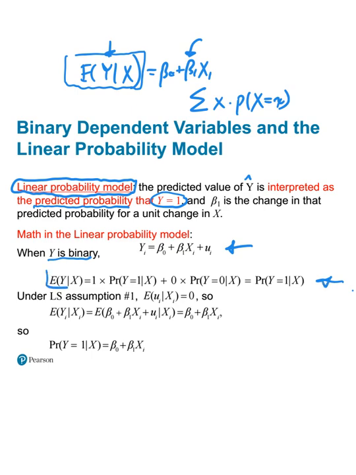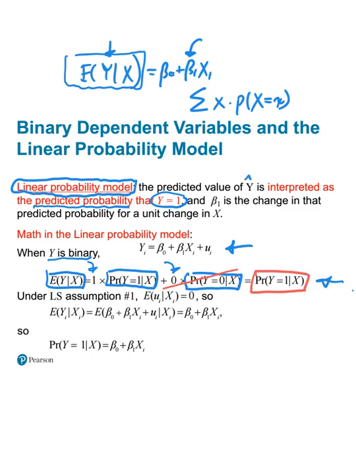The expected value of y given x is, well, sometimes y is 1, and we multiply by the probability that y is equal to 1 given our independent variables. And sometimes our dependent variable is 0, and we multiply that by the probability that y is equal to 0, given our independent variables. This part right here just goes away since it's multiplied by 0.